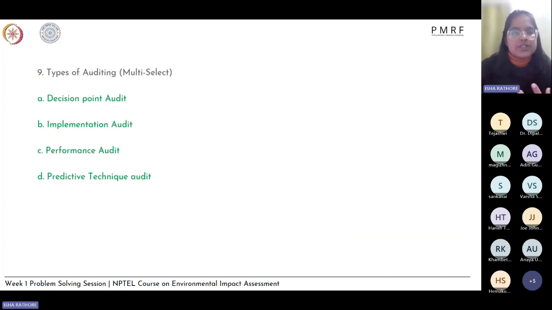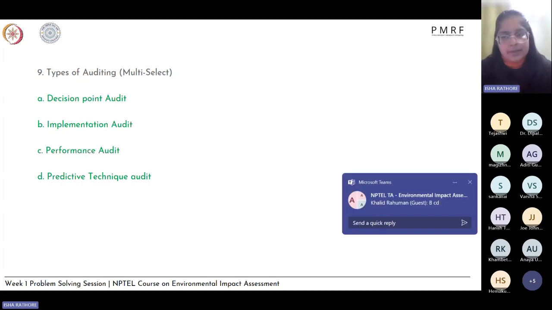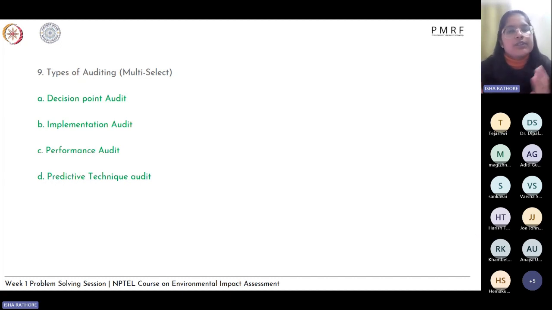So audit is a process which you undergo after something has been completed. Some stage has been completed, and you look back at it to see what was right or what was wrong, or whether what was expected out of it has been achieved.